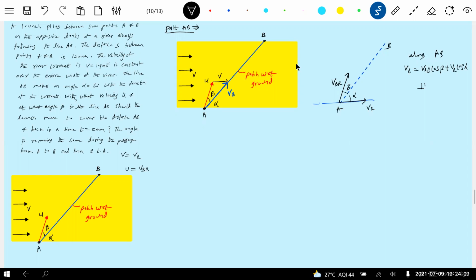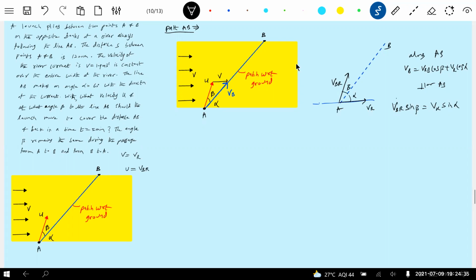Perpendicular to AB, the resultant velocity should be 0. So for that, it will be VBR sine beta equal to VR sine alpha. Alpha we know, VR we know. The beta is the unknown thing, we can calculate from this.